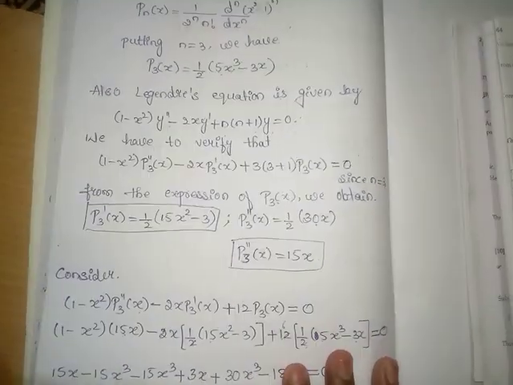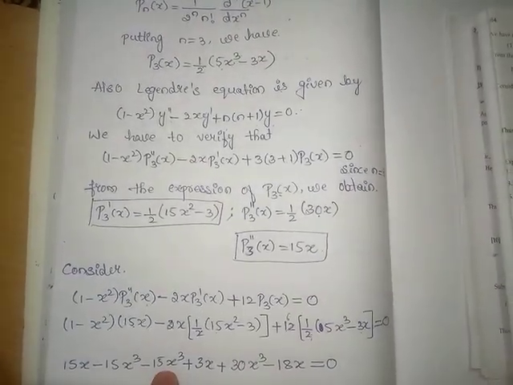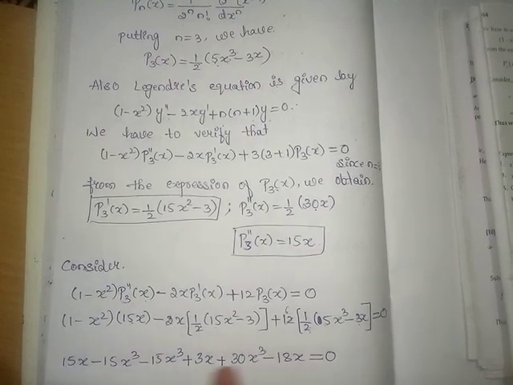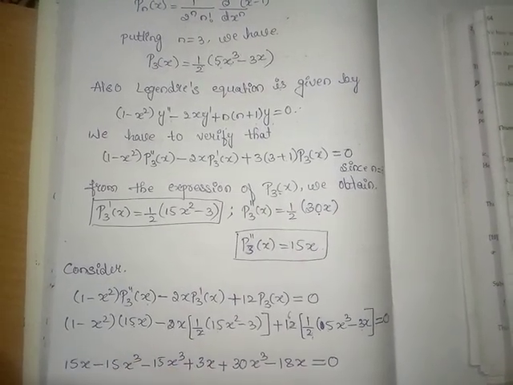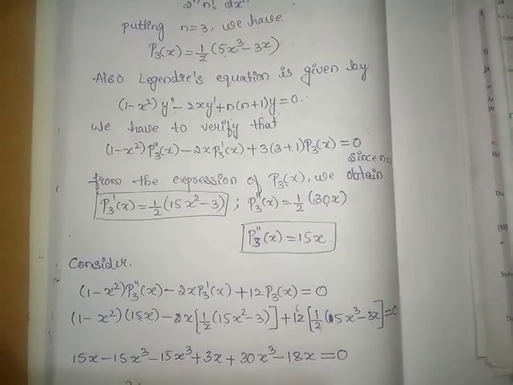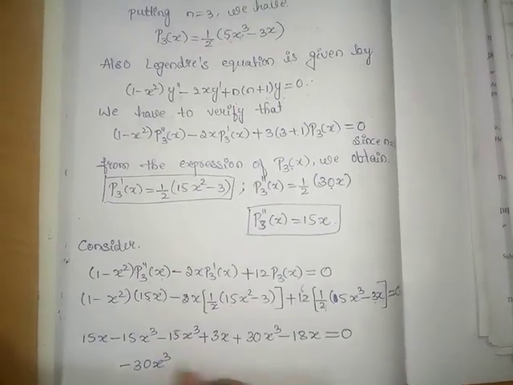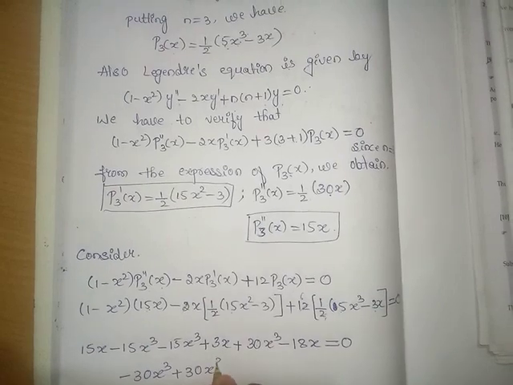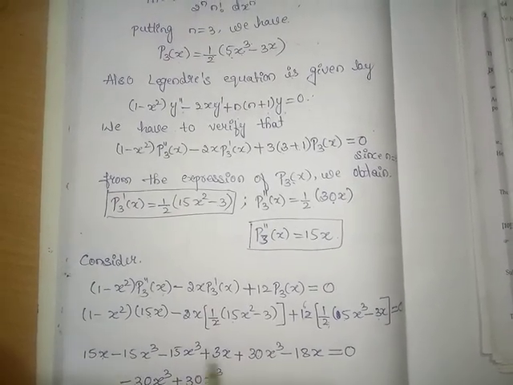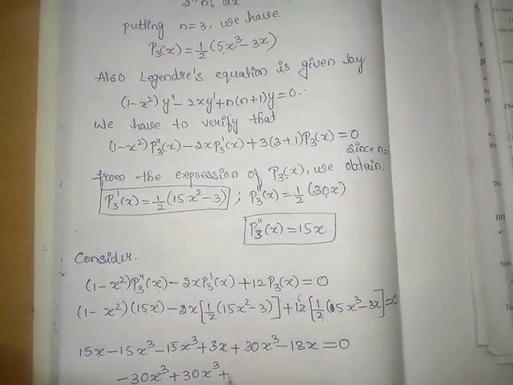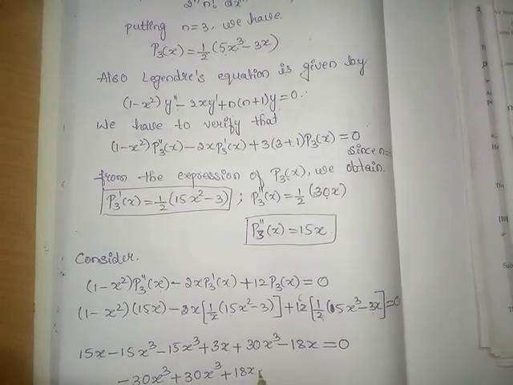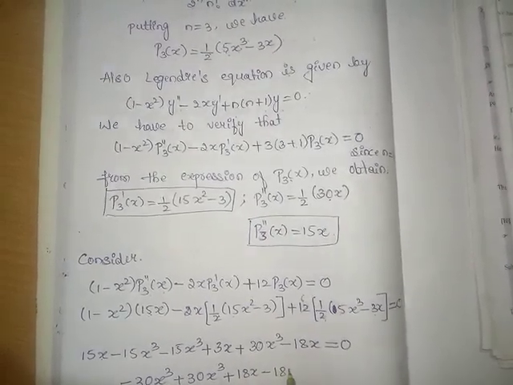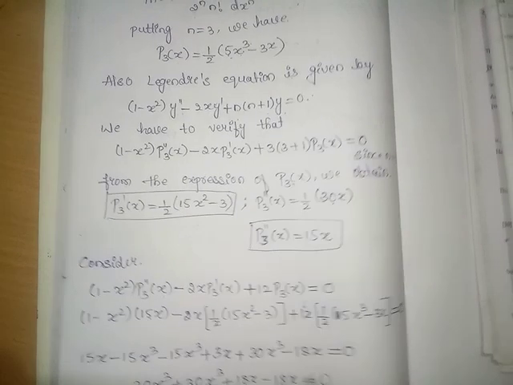See, we have x cube terms. First I will write the x cube terms: minus 15 minus 15, minus 30x cube, plus 30x cube, and 15 plus 3 is 18, plus 18x minus 18x is equal to 0.